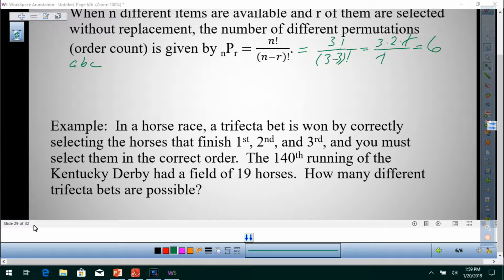All right, so we'll try the formula: 19P3, which is 19 factorial over 19 minus 3 factorial.